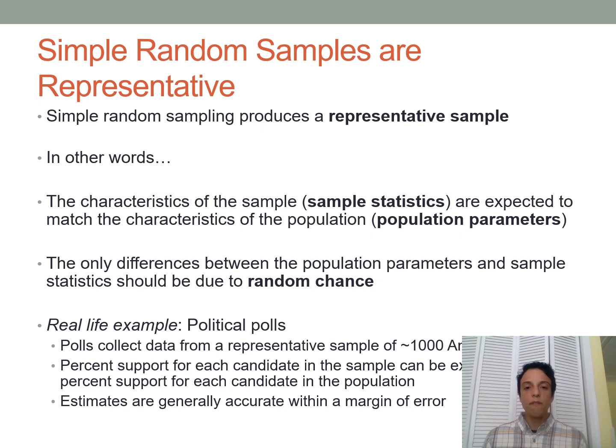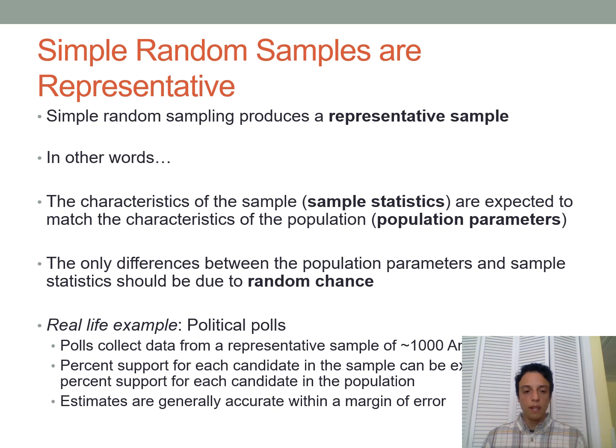In other words, how far off, due to random chance, are our estimates likely to be? And so, again, a representative sample is a sample that is expected to match the population on any statistics you could calculate for the sample or for the population.